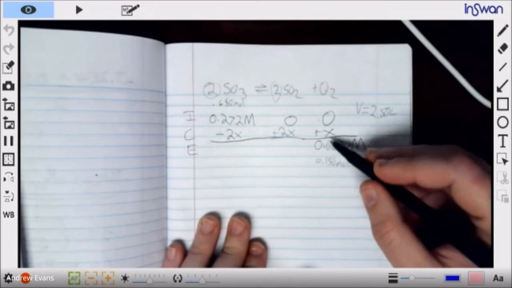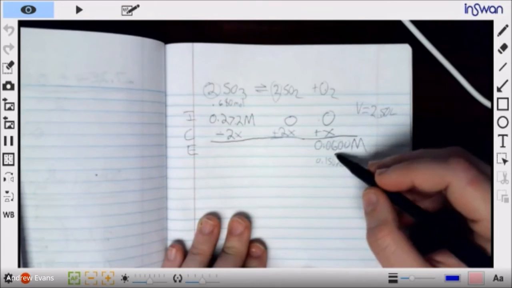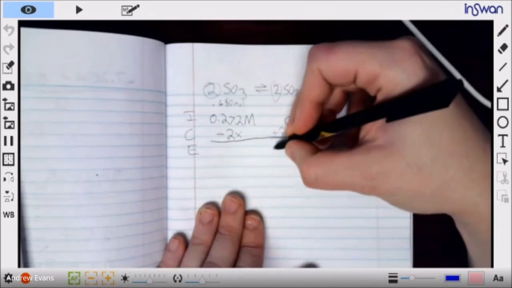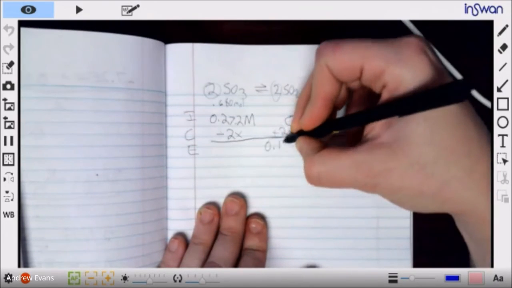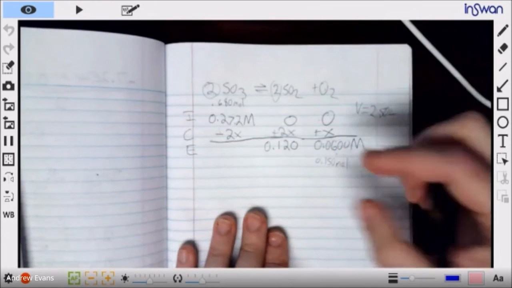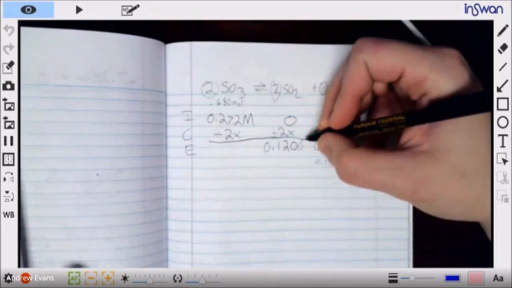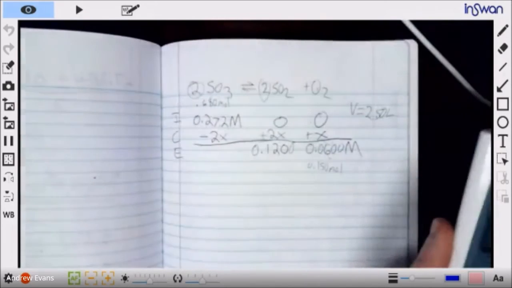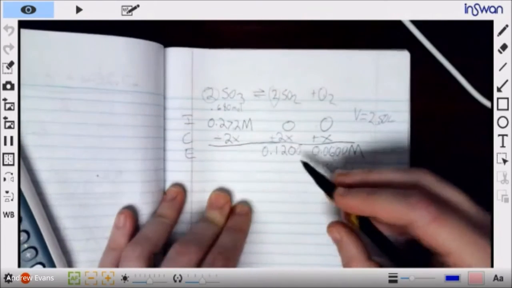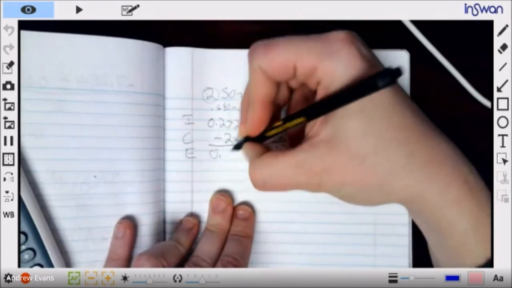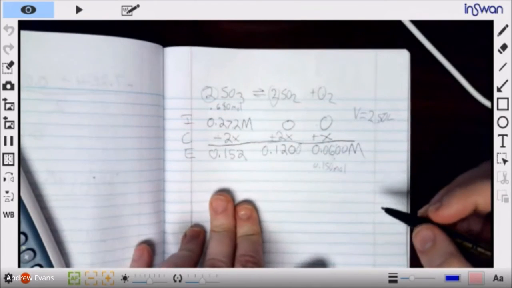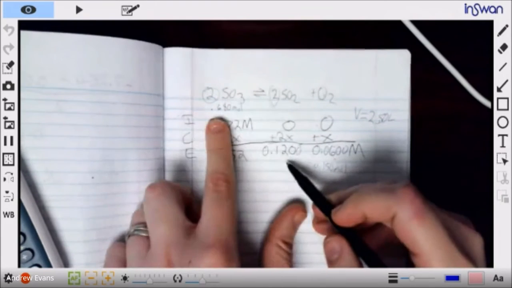So double that would give us the amount of SO2, which would be 0.120, and 0.272 minus 2x would be 0.152. I just took this number minus that number.